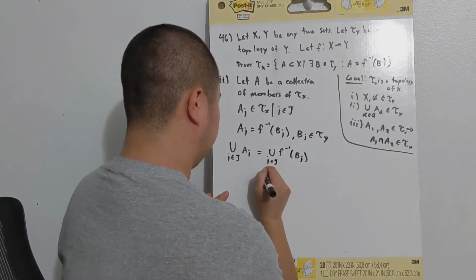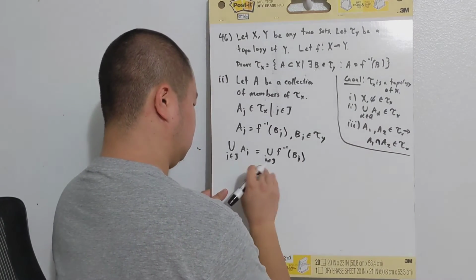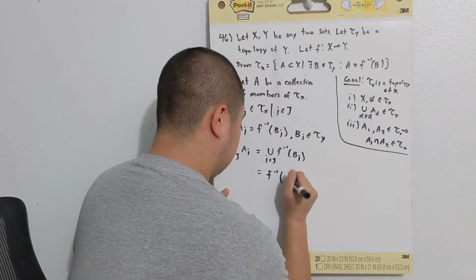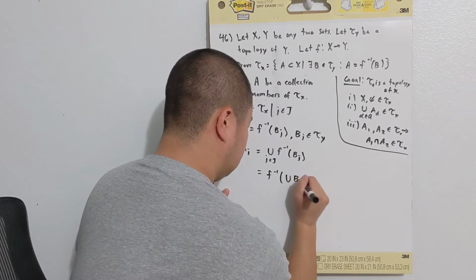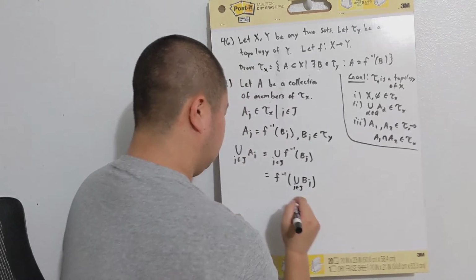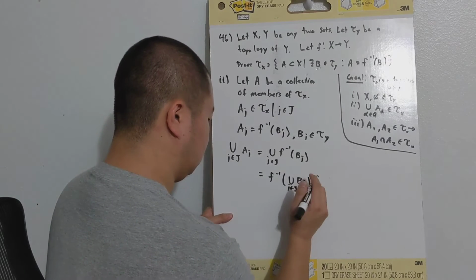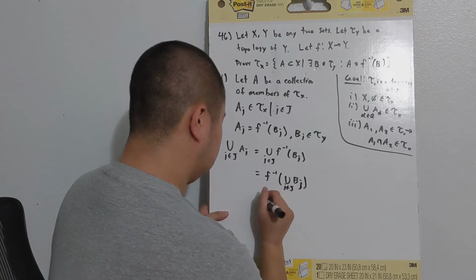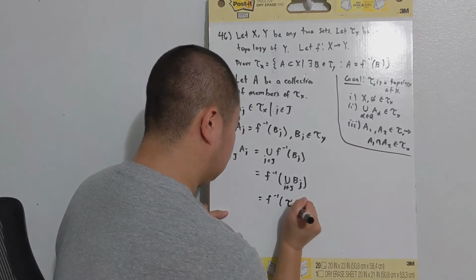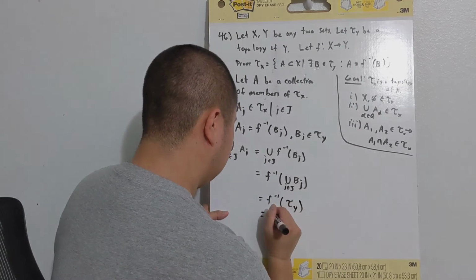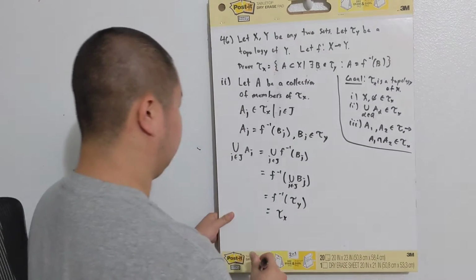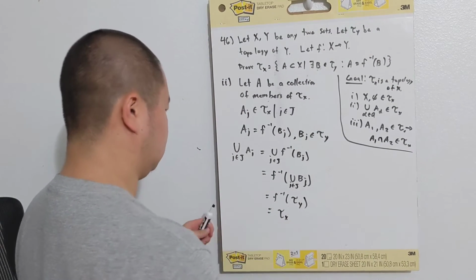And from previous modules, we know that the unions of the inverse images is the inverse image of the unions of the sets. And the unions of B_j's is in the topology tau of Y itself. And that is in tau of X. And with that, we're done with part 2.